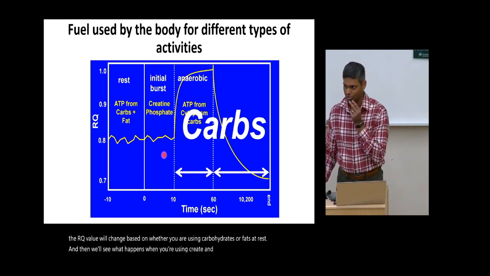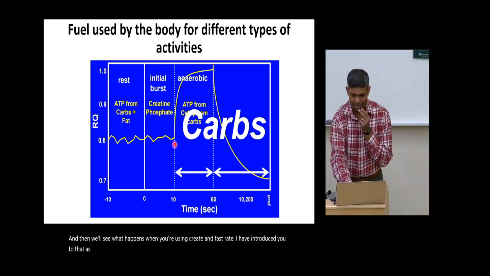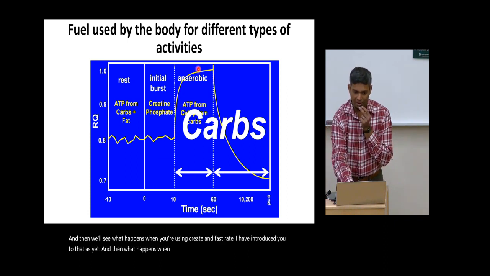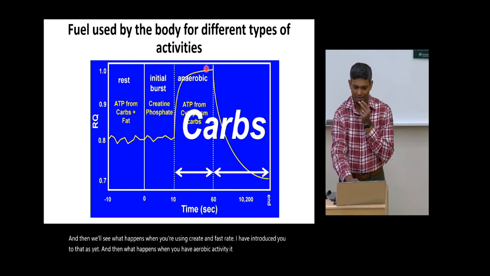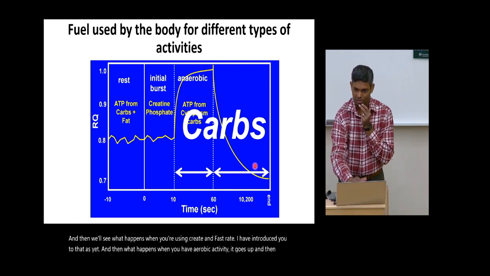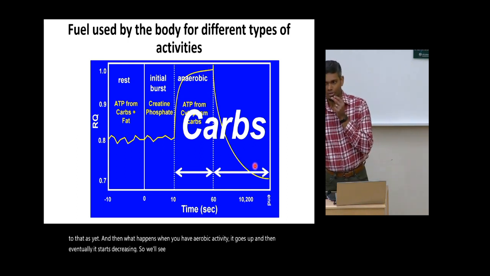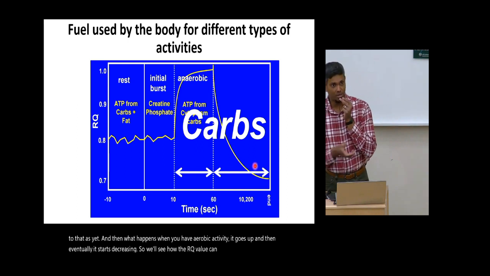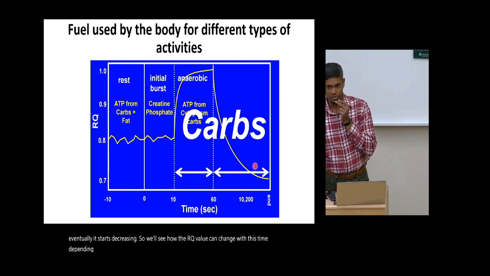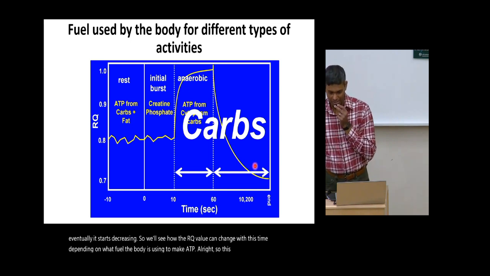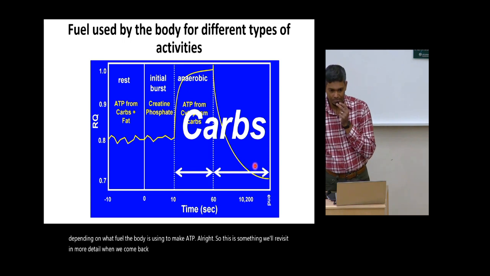I haven't introduced you to that as yet. And then when you have anaerobic activity, it goes up and then eventually starts decreasing. So we'll see how the RQ value can change with time depending on what fuel the body is using to make ATP. We'll revisit this in more detail when we come back on Wednesday.